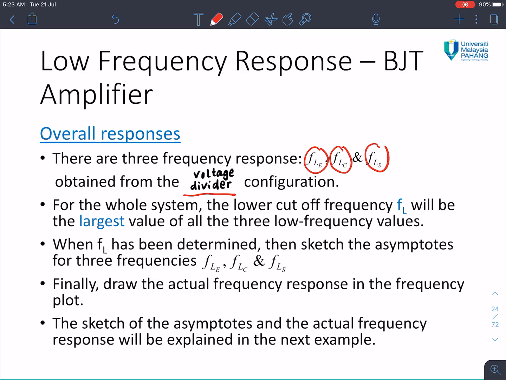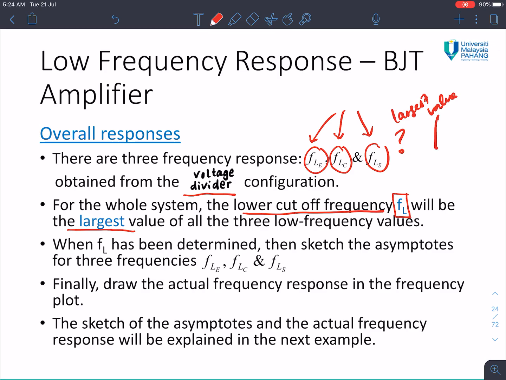For the whole system, the lower cut-off frequency, which is FL, will be the largest value of all the three low frequencies. Which means that we have to compare these three capacitors, and see which one has the largest value.